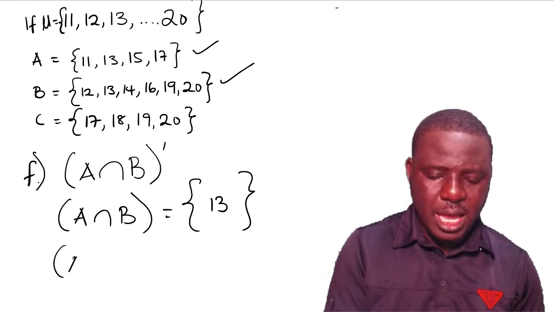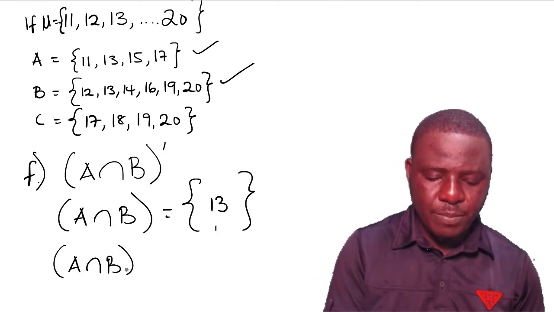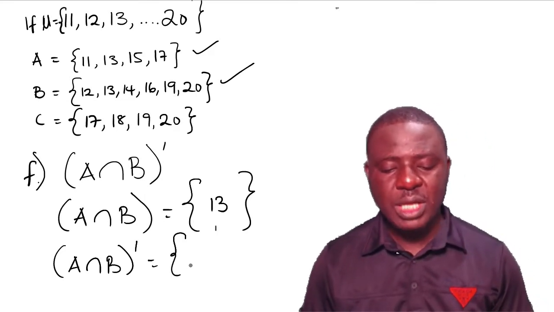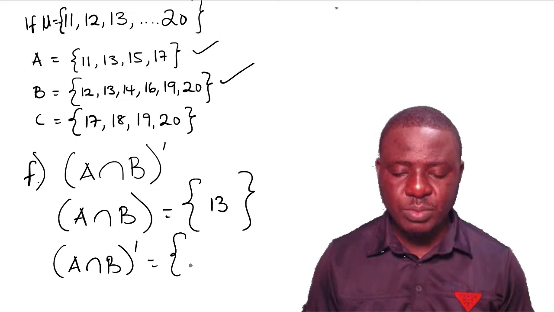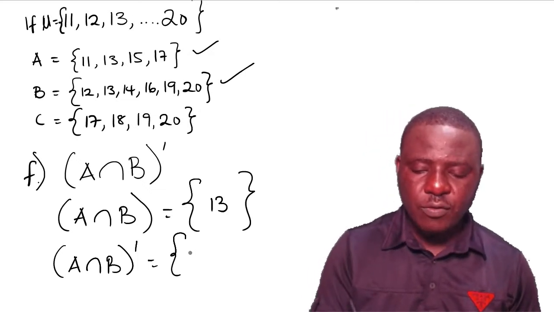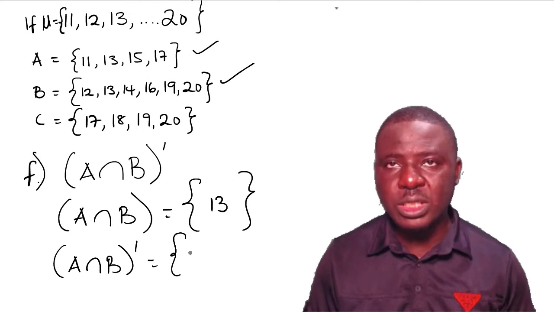Therefore, (A intersection B) prime are those elements you can find in the universal set but are not in A intersection B. And that I will confidently tell you are elements from 11 to 20 excluding 13.